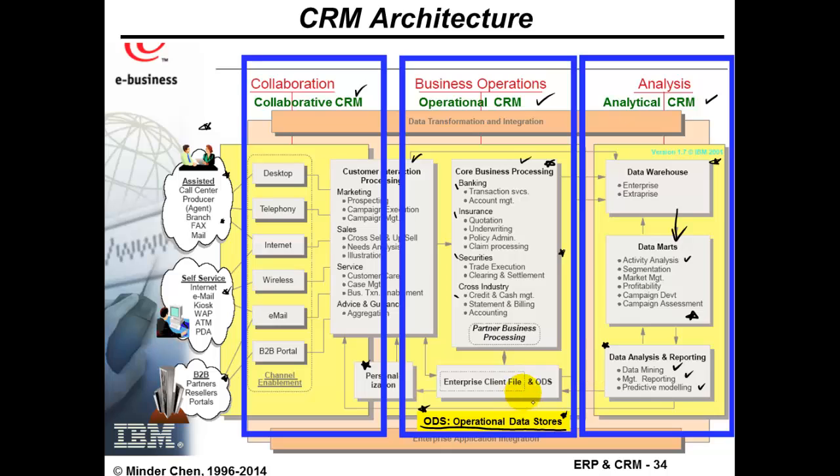The data is generated as an operational data store here, so it can be used to help you personalize your interaction, to personalize the recommendation based on what the user has been showing interest in. So these three kinds of components of CRM, collaborative, operational, and analytical, are linked. There's a cycle going this way and then eventually coming back.